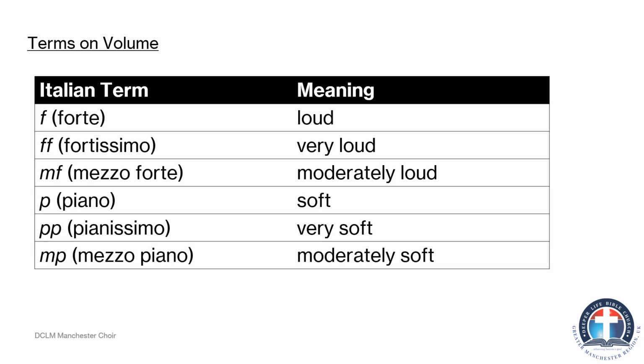Now we have terms on volume. So you see, we've talked about terms on speed, because those are the things that define music. Remember, tempo, pitch, and amplitude. Tempo is the speed.